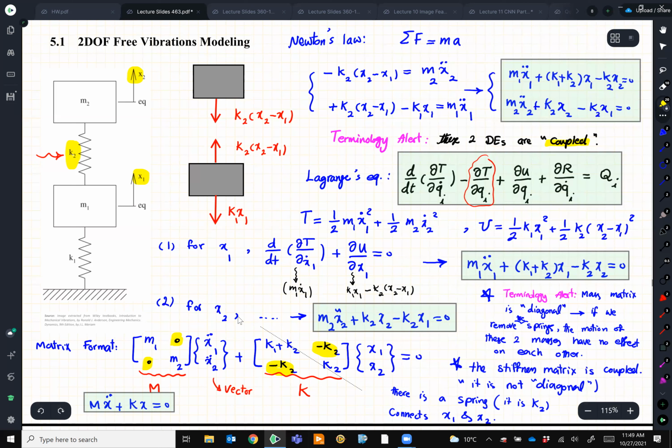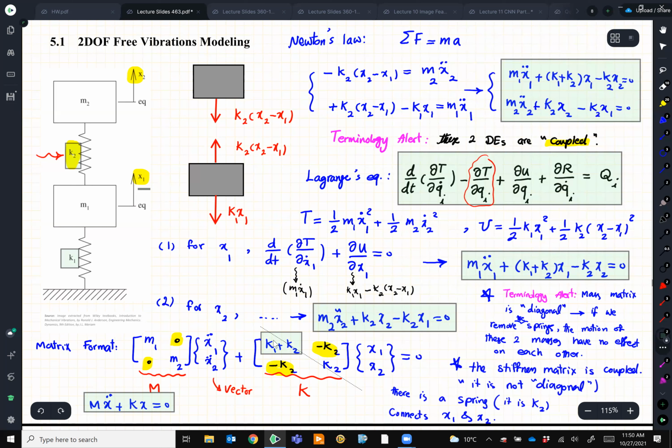And the last thing that I want your attention on is to take a look at the diagonal parameters. Let's just focus on one of them, the first one, K1 plus K2. So which springs are attached to x1, or which springs are affecting x1? It is K2 and K1, right? K2 and K1 attach to this x1.